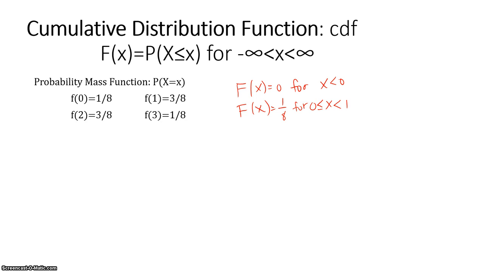When we get to 1, our cumulative distribution function is going to increase by 3/8, from 1/8 to 4/8. And it's going to maintain that value until it gets up to 2. So big F of x is 4/8 for all x that are greater than or equal to 1, but still less than 2.